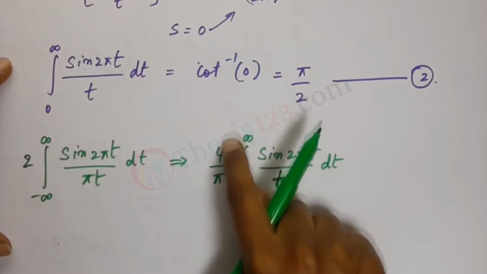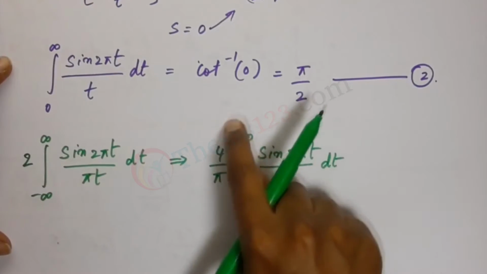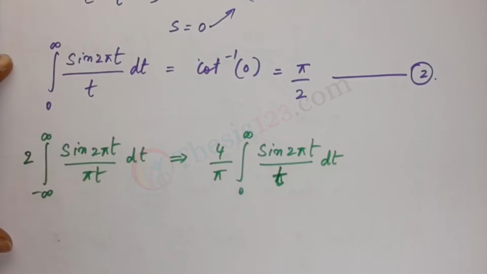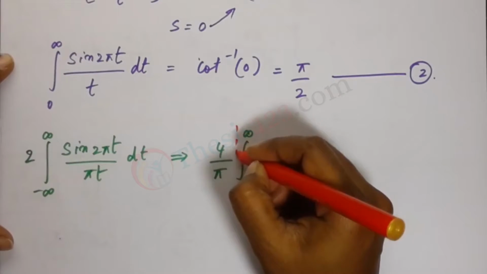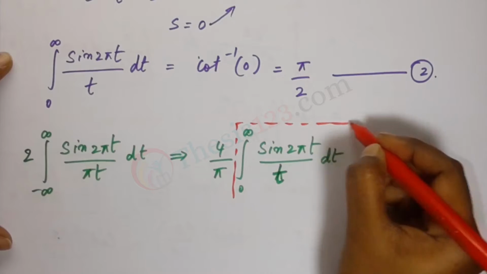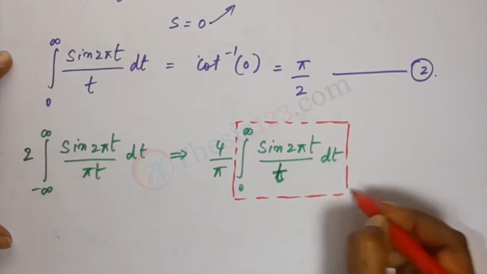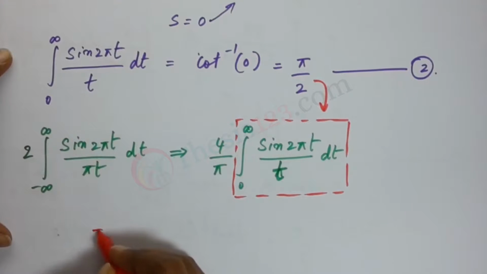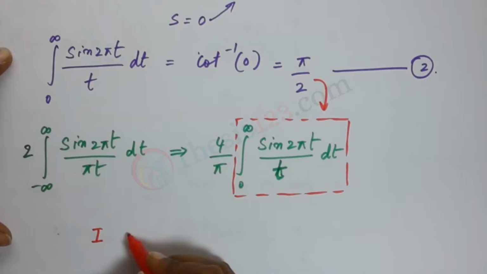Now the integral of sine 2 pi t by t dt is pi by 2, right? That's what we have just worked out. This entire part is pi by 2.